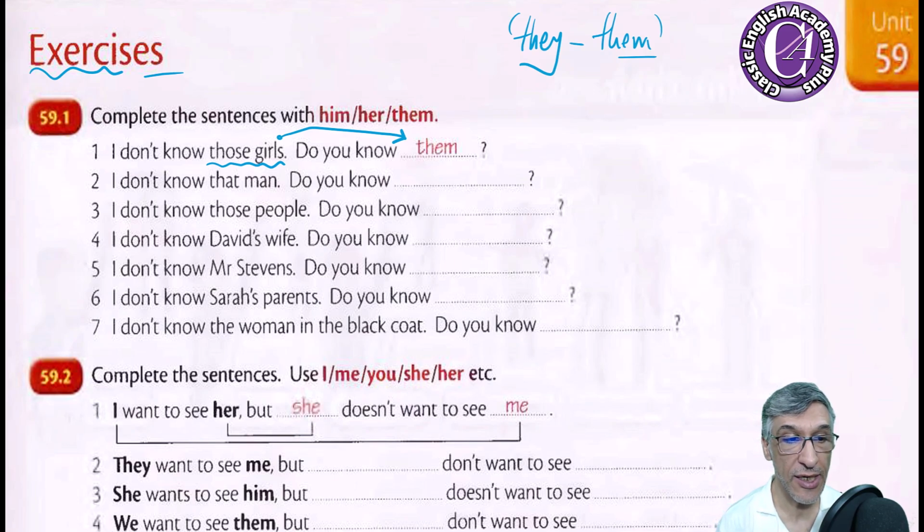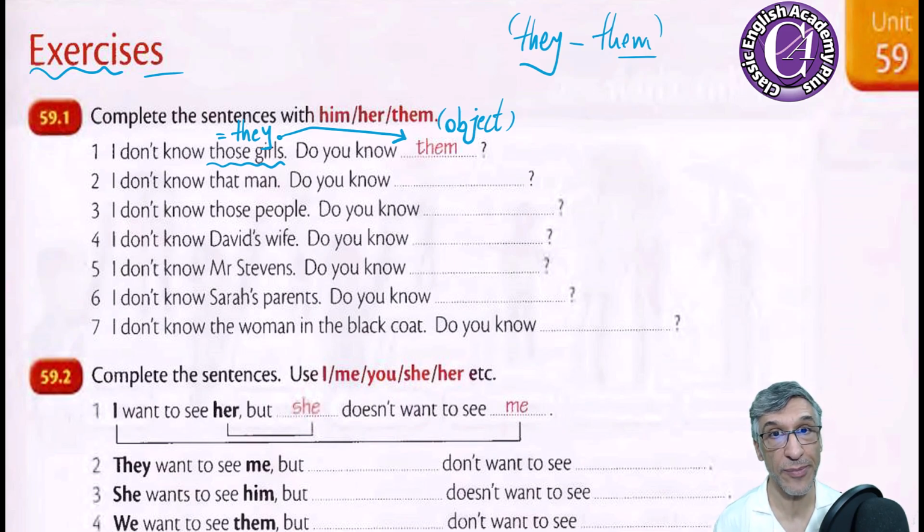Those girls equal they, okay? And then we have them as the object. So we have those girls as the object, but the subject is I. Do you see the subject? Them is the object.